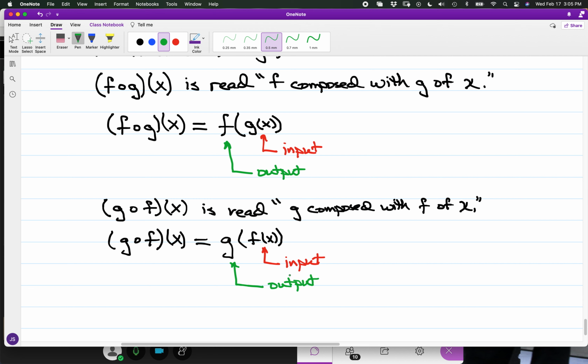And let me give you just a case of what we have for specified functions.